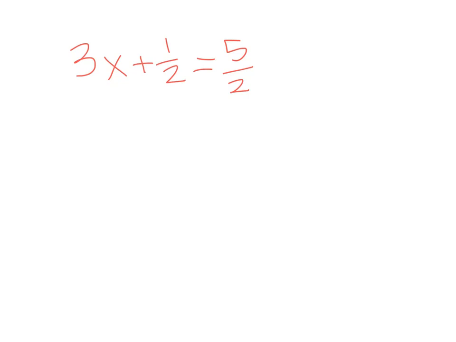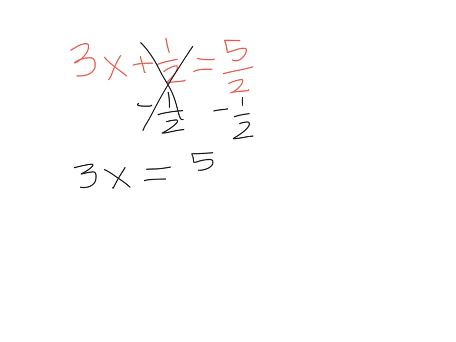So I'm going to subtract my 1/2 from both sides. So now I end up with 3x, these are going to cancel, equals 5/2 minus 1/2. Now with fractions, remember that you have to have the same denominators in order to add or subtract.